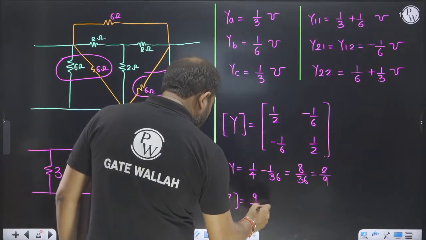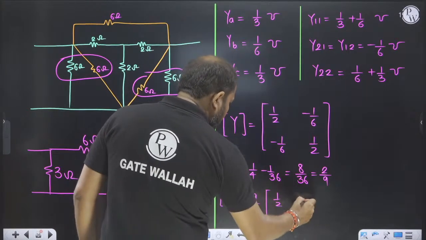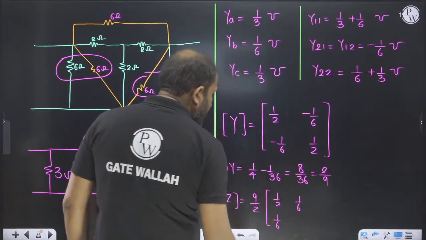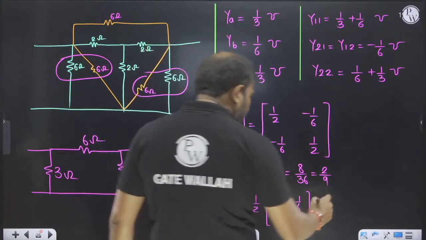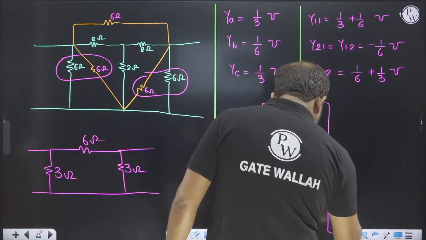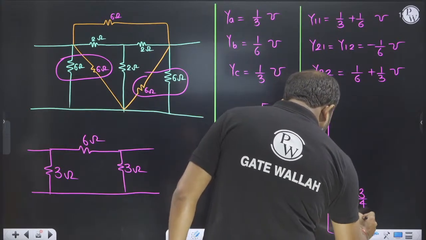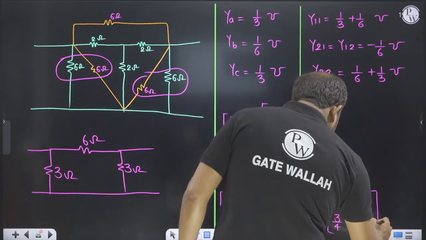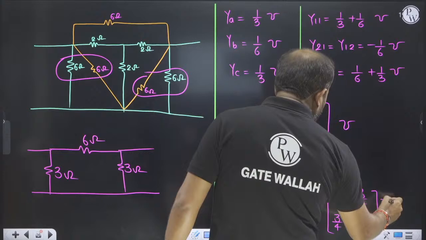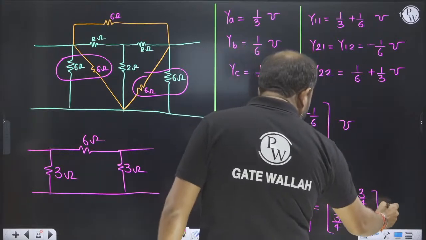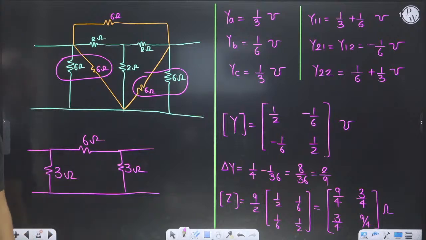So 9/2, and we interchange and negate: 1/2, plus 1/6, 1/6 and 1/2. So it will be 9/4, 3/4, 3/4 and 9/4. So this is our Z parameter. You can find the inverse and you will get the answer. It is very easy to calculate.